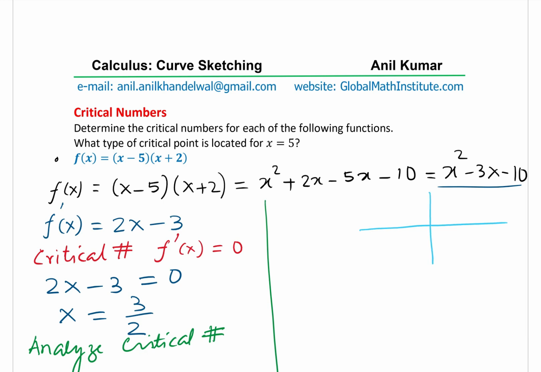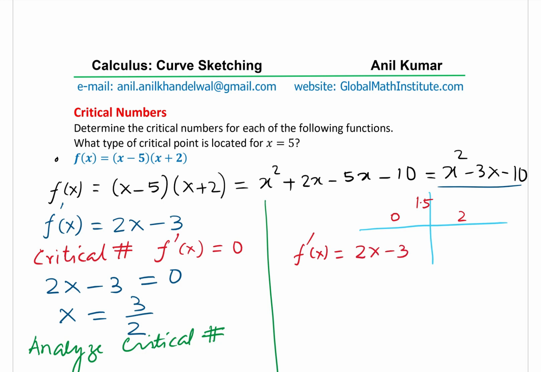So we have a critical number here at x equals 3 by 2, or you can say 1.5. So I can take a point on either side. One could be 2 and on this side we could just take 0. The function for us is the derivative, which is 2x minus 3.